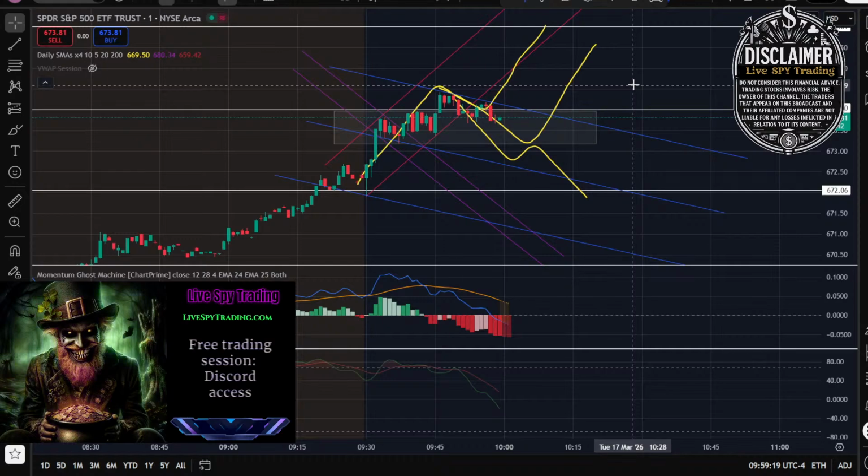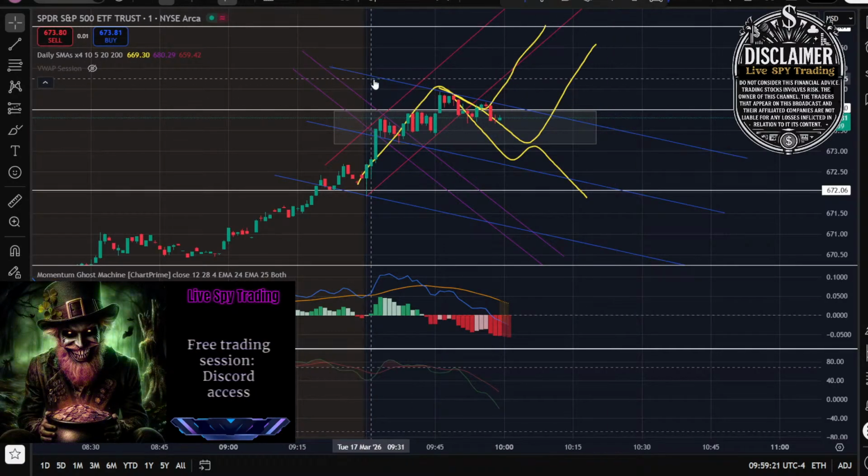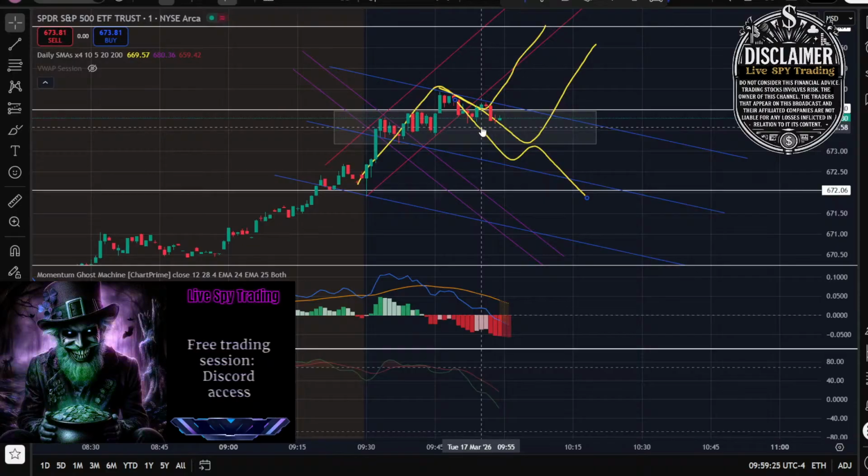All right, we want to test to see if it's going to build in purple and break the blue.